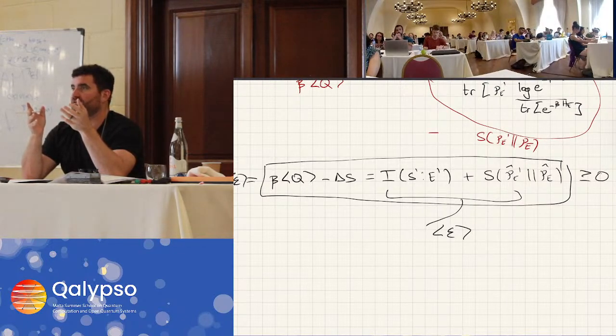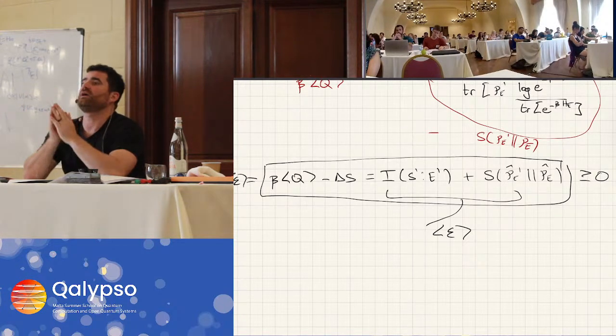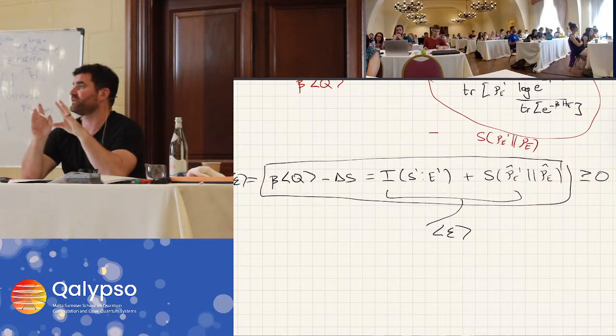So this was what Massimiliano Esposito and others first found in 2010 or so, and they comment on these two individual terms. And then Reeb and Wolf sort of interpreted this in the context of Landauer erasure. For example, we didn't really specify that the system state at initial time was necessarily thermal, right? It could be anything.